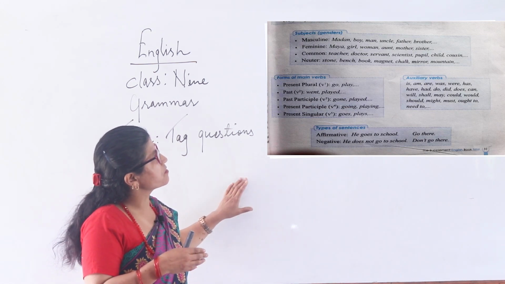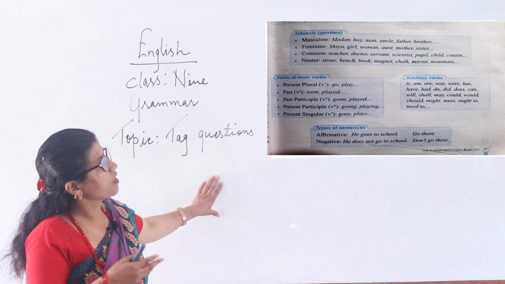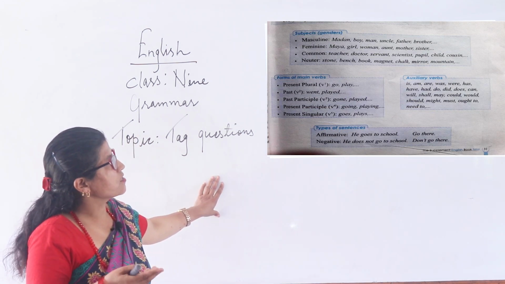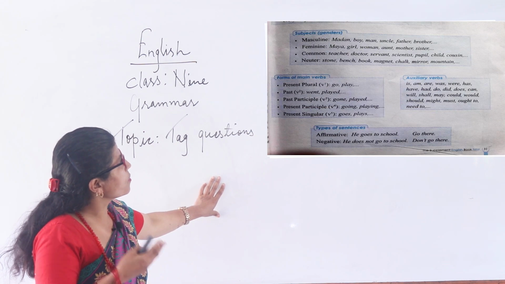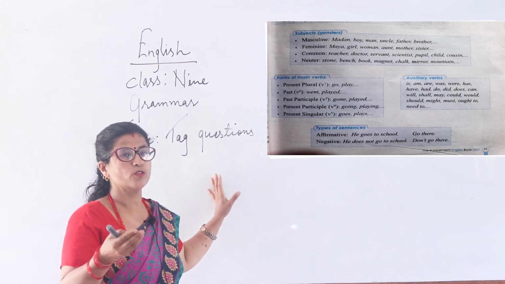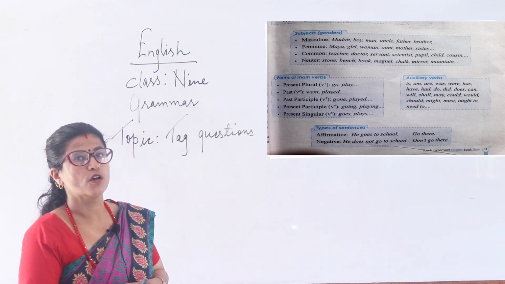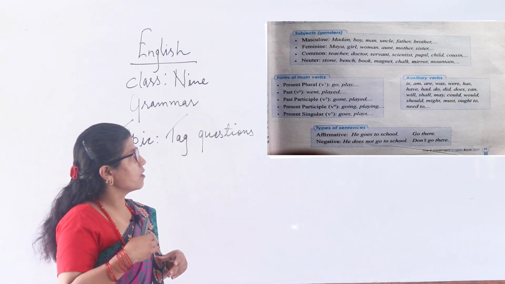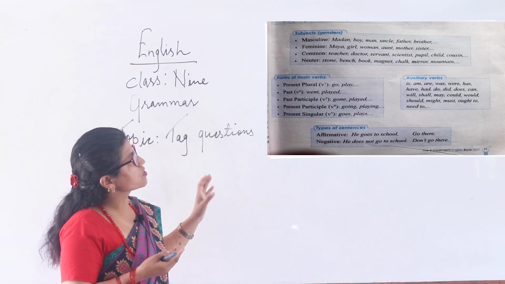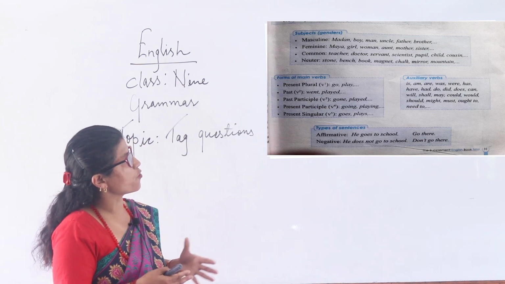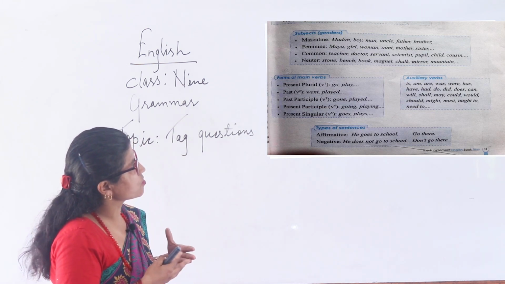Feminine gender means female, like Maya, Sita, girl, queen, aunt, mother, sister. And common gender means it is used for both male and female, like teacher. The word teacher can be used with both genders. That's why it is common, like teacher, doctor, servant, scientist, pupil, child, cousin.